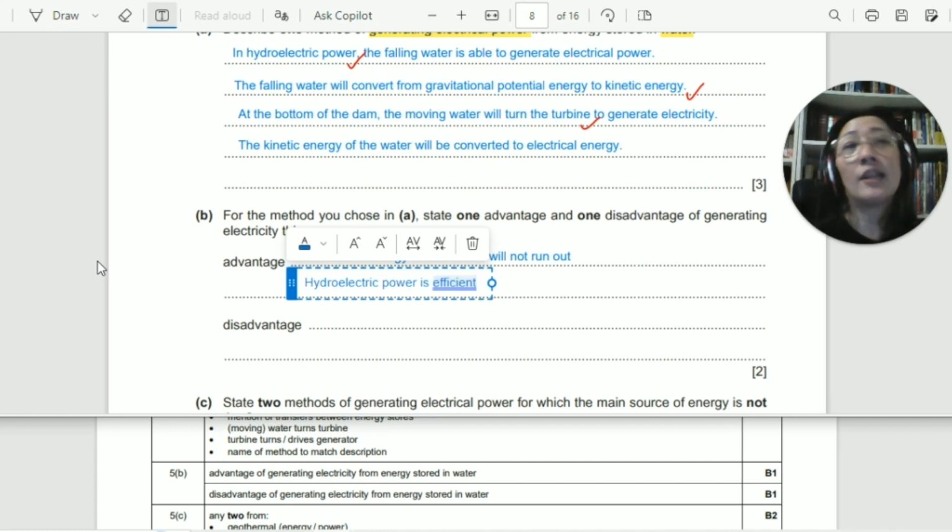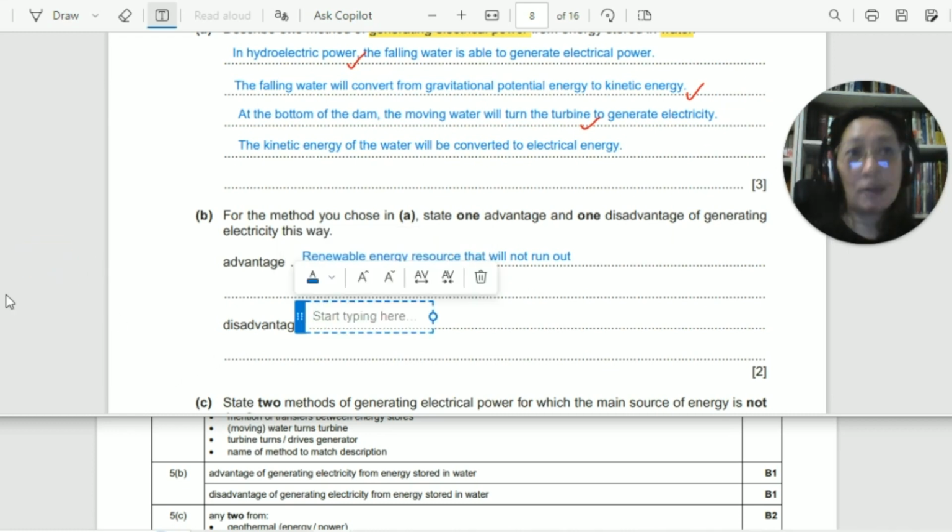That means that there's actually a lot of energy converted to electrical energy. There's very little wasted energy, which is a good thing because that means a lot of the energy generated from the water will be converted to electrical energy. Unlike the other energy resources where a lot of the energy could be wasted as heat instead.